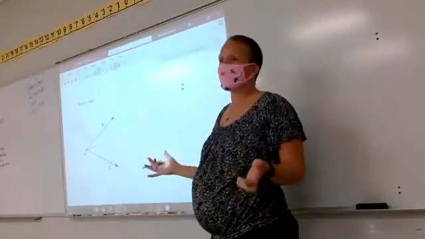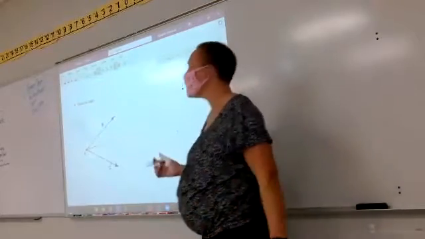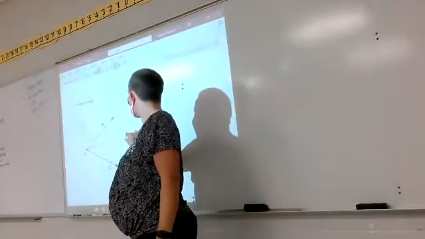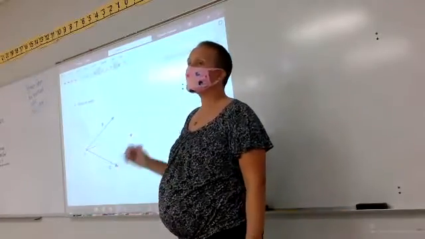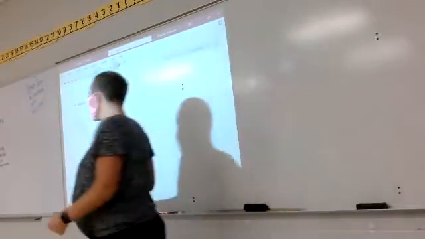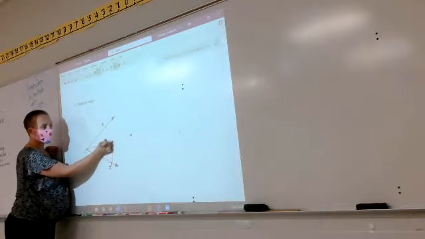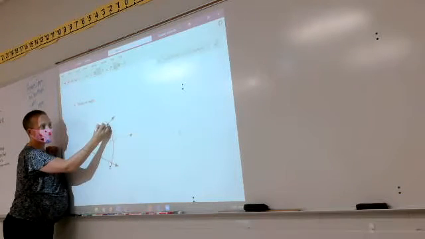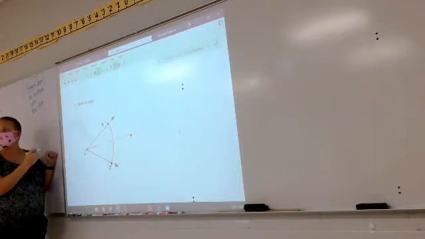We need to split the angle in half, right? That's not the greatest drawing, but you get the idea. In order to do that, what I need is some point over here that's in the middle of the angle. So what we're going to do is essentially like copying an angle, where we're going to find these 2 points that are the same distance from A. So we're going to find this point C and D that are the same distance from A.